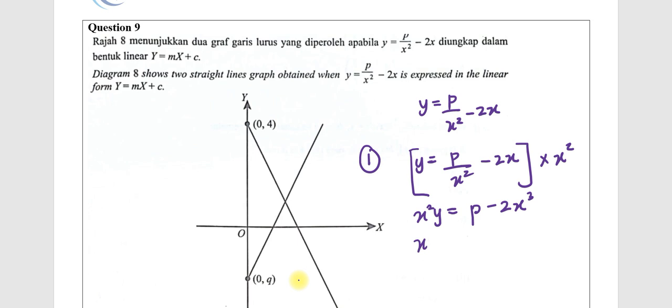Jadi x square y is equals to minus 2x cube plus p. Tapi garisan mana? Kita tak tahulah. Okay, kita tak tahu. Tak apa. Kita express saja dulu.